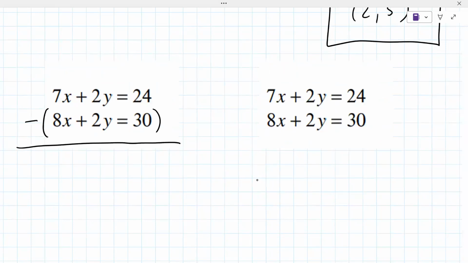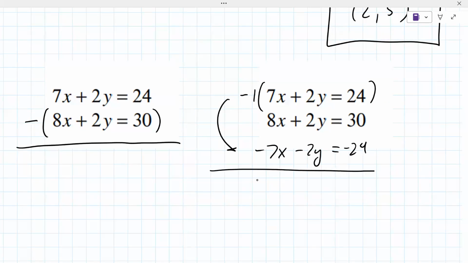Say, let me multiply the first equation by -1. Then that becomes -7x minus 2y equals -24. And then they add the equations. You get the same result, but some students are really uncomfortable with subtracting. I don't know where you stand. It's a little weird. Yeah, it's awkward.